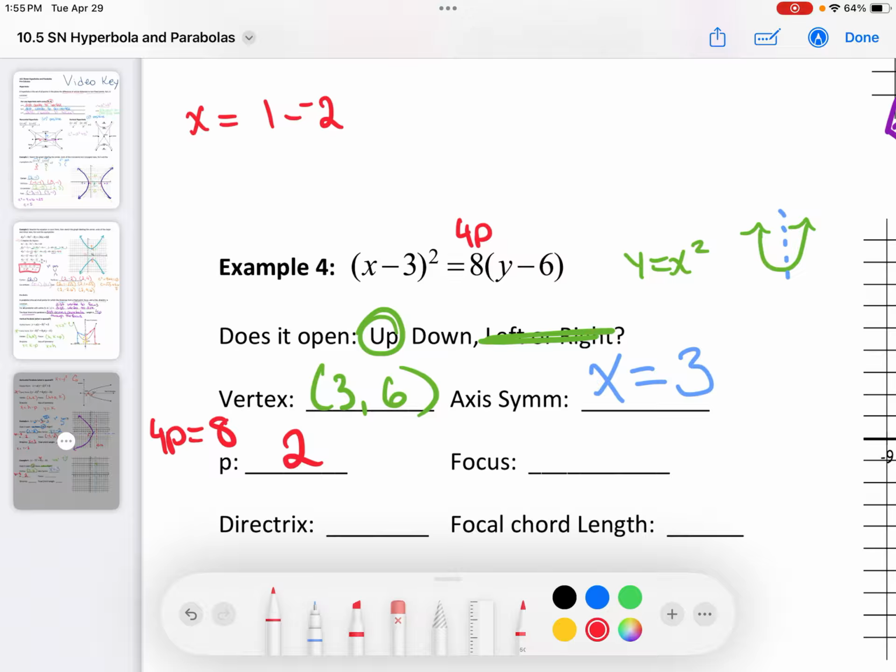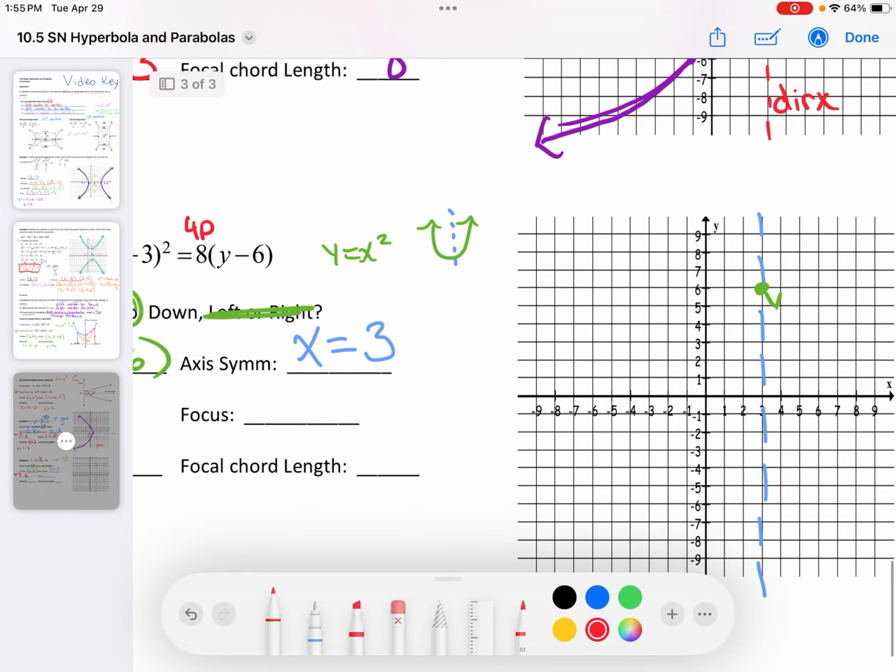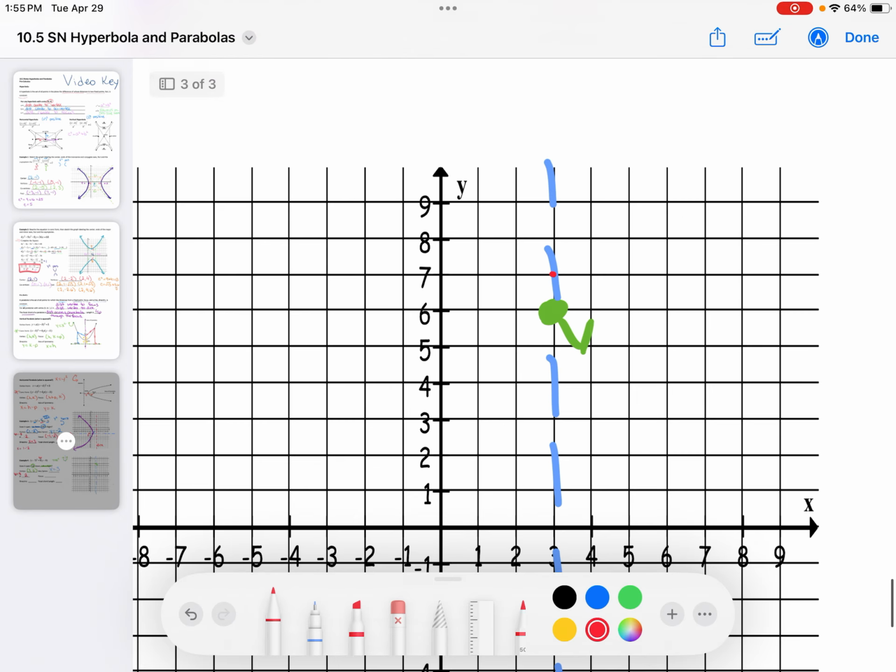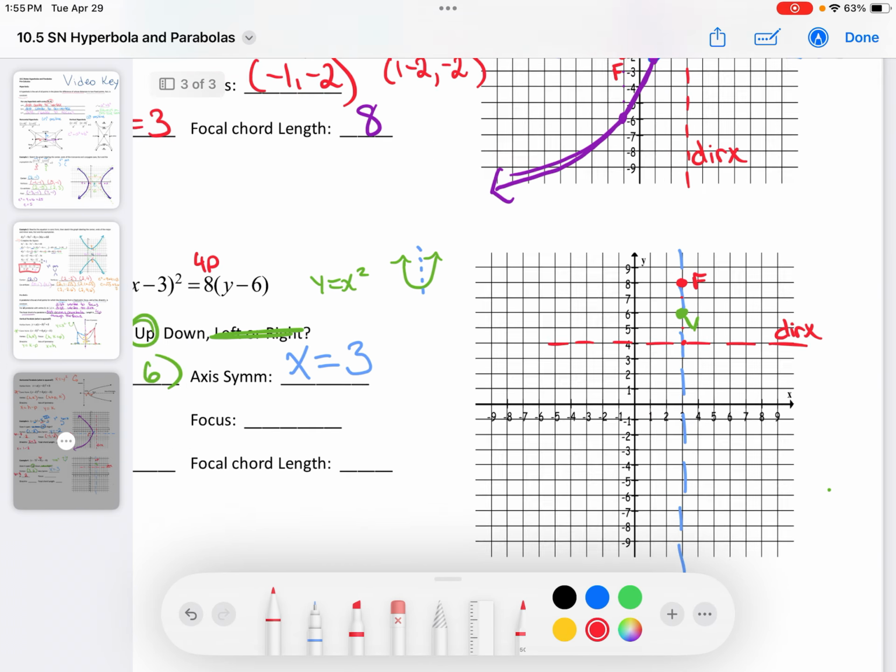So P is positive 2, meaning the focus and the directrix are 2 units away from the vertex. So from the vertex, up 2 is the focus, down 2 is the directrix, and that directrix is a line.